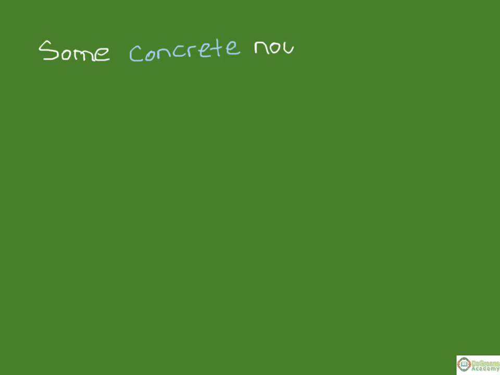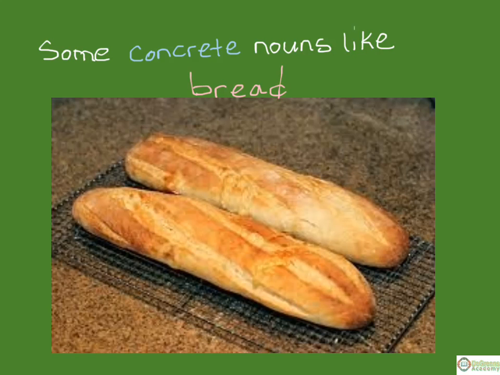And so, some concrete nouns, like bread, why are they first of all called concrete? Concrete nouns are nouns that we can feel, that can be touched. Are you sitting on a chair?